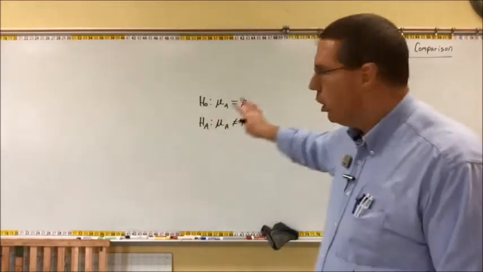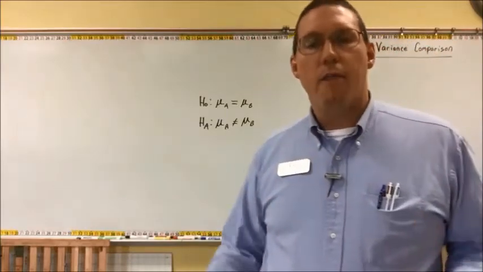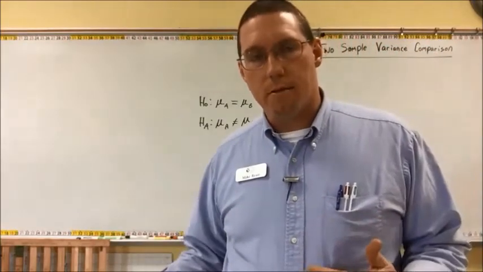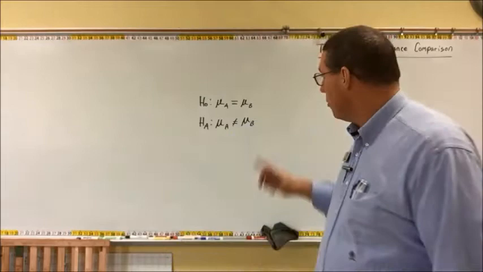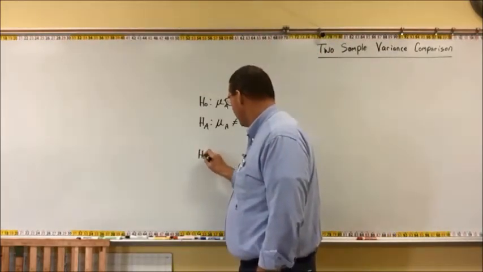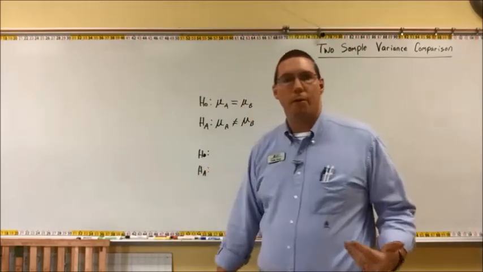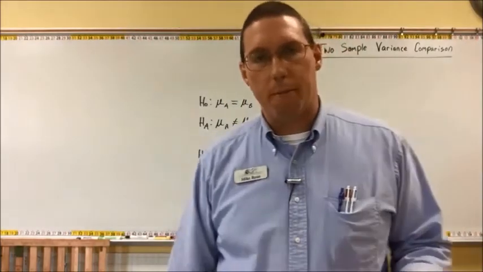Okay, so this was a two-sample hypothesis test where we were comparing the population means. But now we're going to do the same thing, only instead of comparing the means of the two populations, we're going to compare the variances of the two populations.